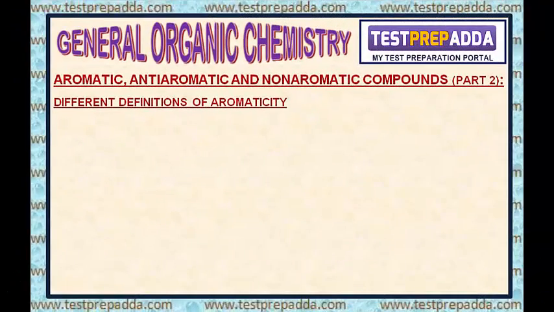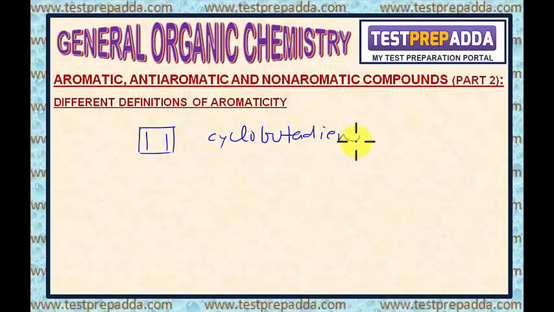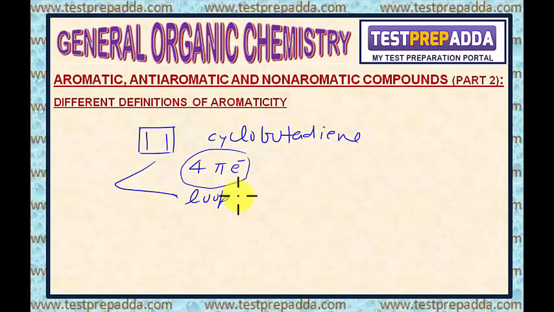Dear students, aromaticity provides extra stability to the compound. Now consider a compound here, cyclobutadiene. In this compound, you can see 4 pi electrons. There is a loop of 4 pi electrons.